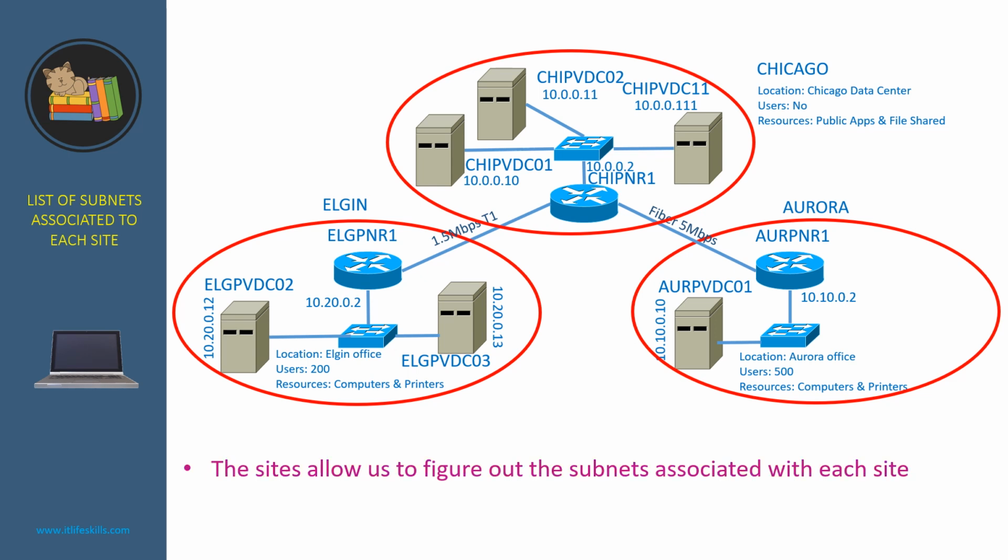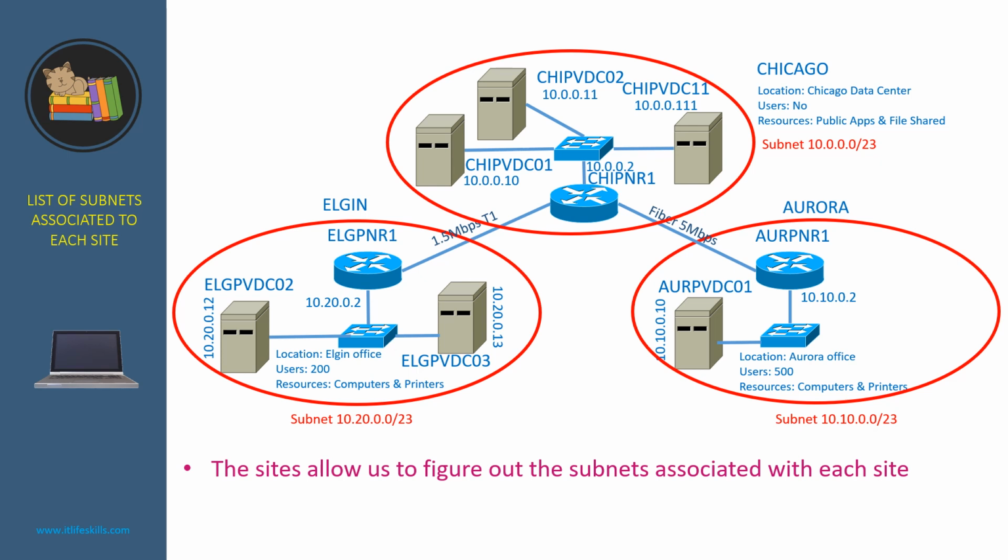The sites allow us to figure out the subnets associated with each site. As you can see, the Elgin site must be associated with the subnet 10.20.0.0/23, Aurora is associated with the subnet 10.10.0.0/23, and Chicago is associated with the subnet 10.0.0.0/23.